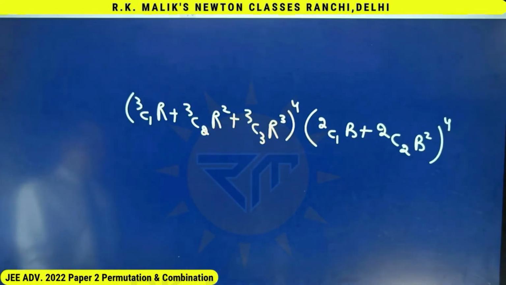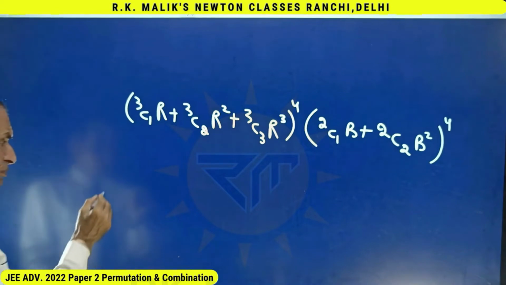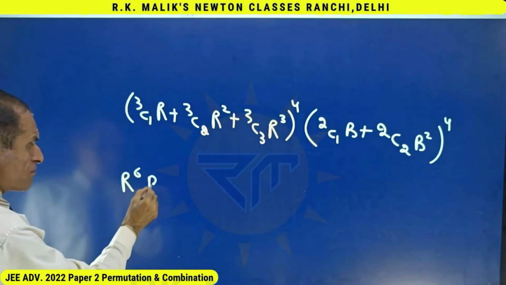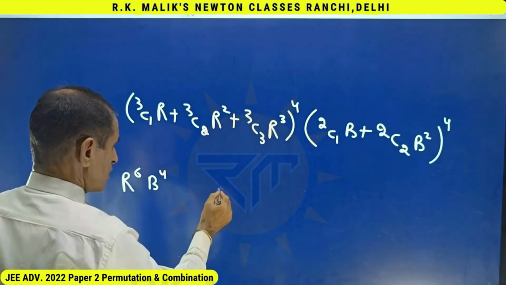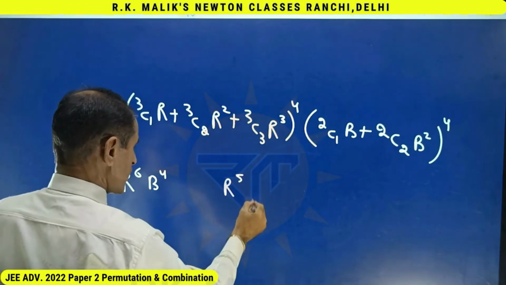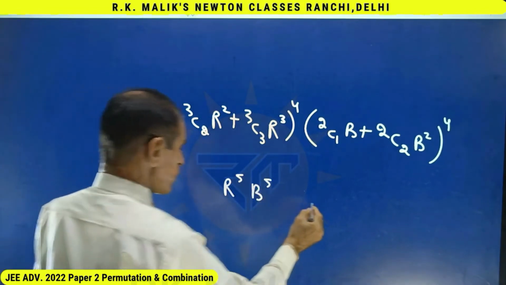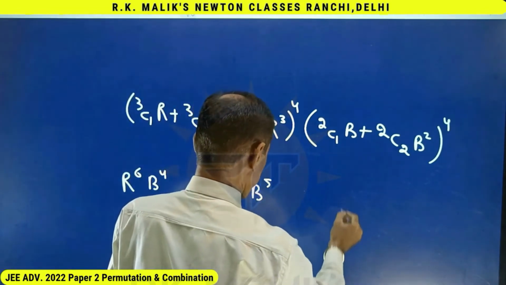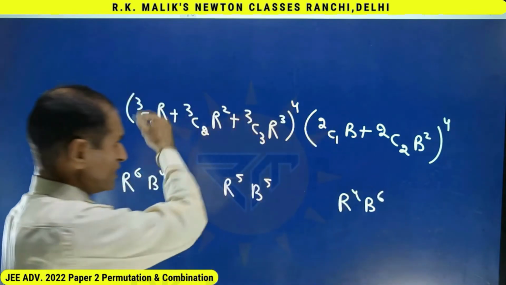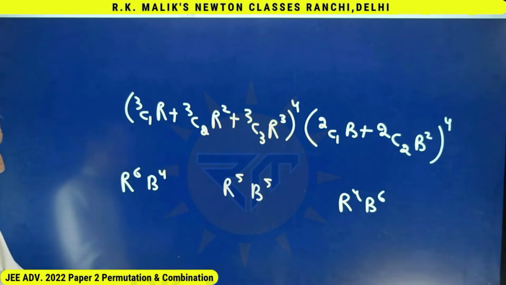That is, in other words, we have to find the sum of the coefficients of the terms r to the power 6 b to the power 4, r to the power 5 b to the power 5, and r to the power 4 b to the power 6 in the expansion of this.